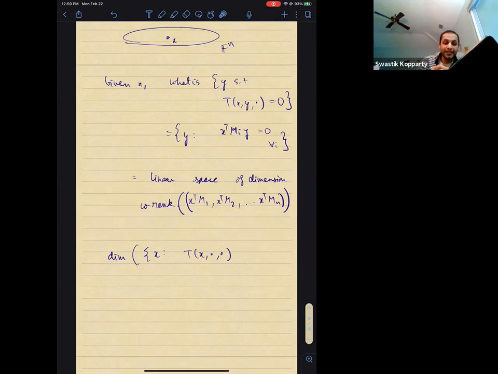It's a bilinear map in the two entries, so it's a matrix. Look at the rank of that matrix. This is good old matrix rank. The set of all x such that the rank of T of x, dot, dot is equal to i.